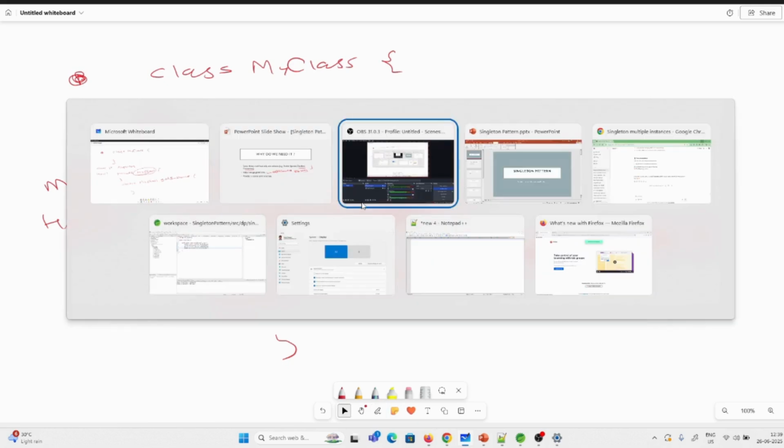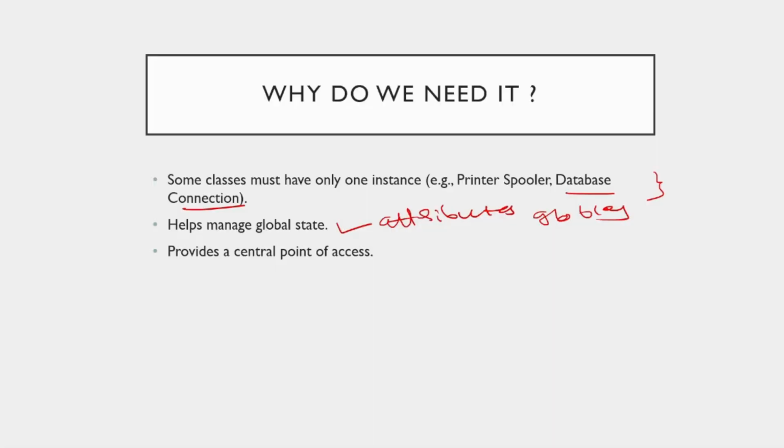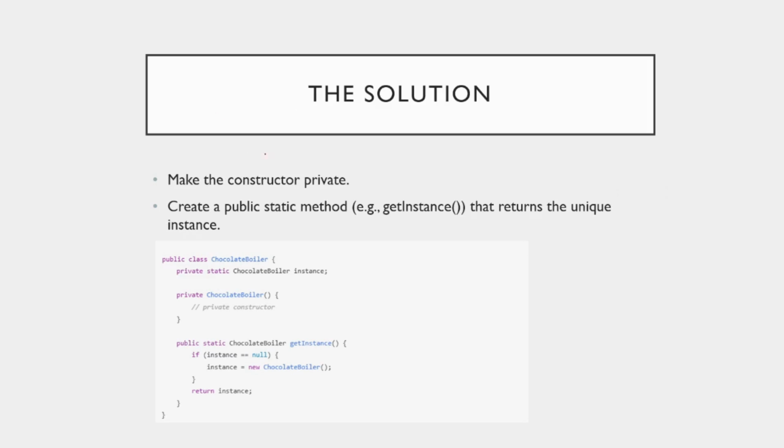So if you see here, we make the constructor private and create a public static method that returns the unique instance. We created the getInstance method, which is a public and static method which will return the instance.